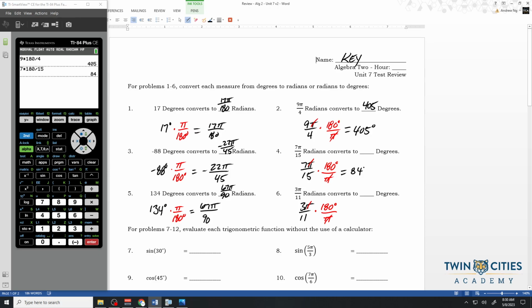This is 84 degrees. And last one for this section, 3 times 180, and divide by 11. So this will be 49.1, we'll round that to, degrees.